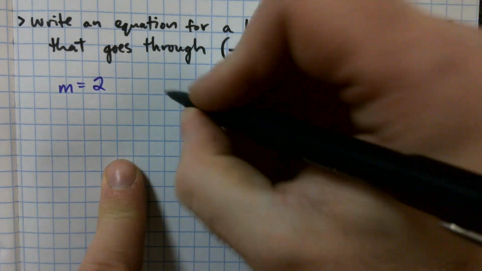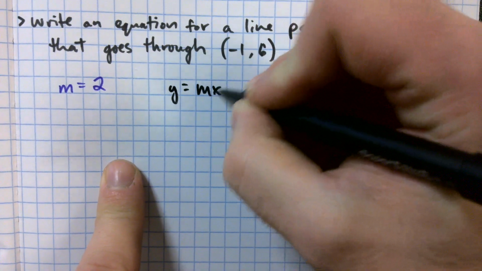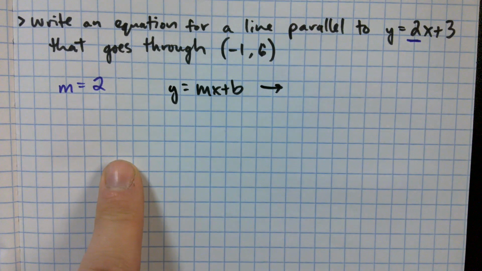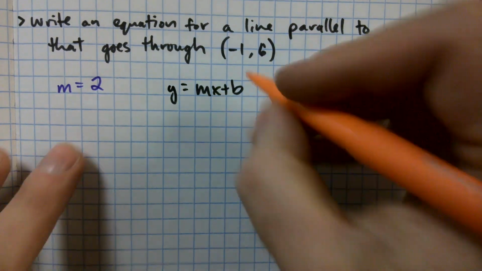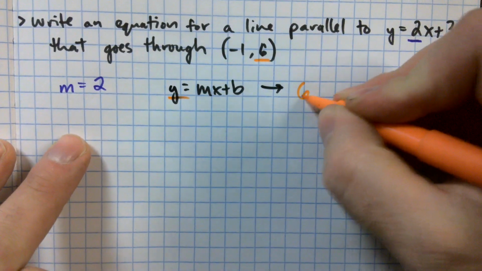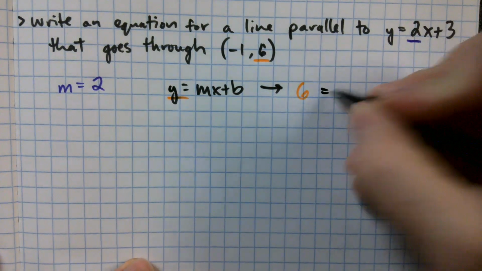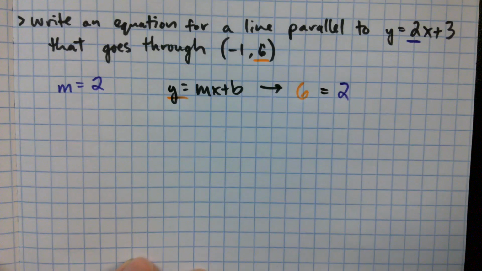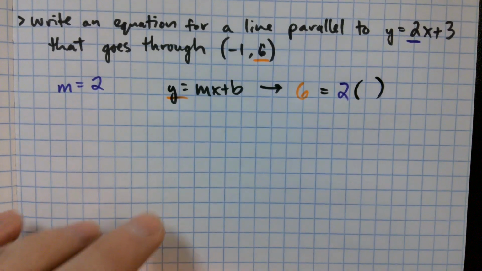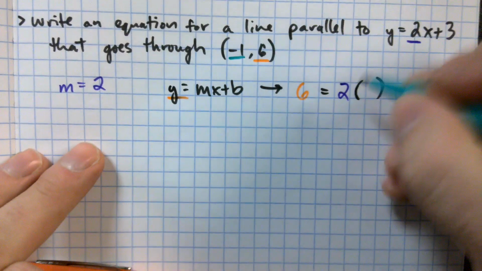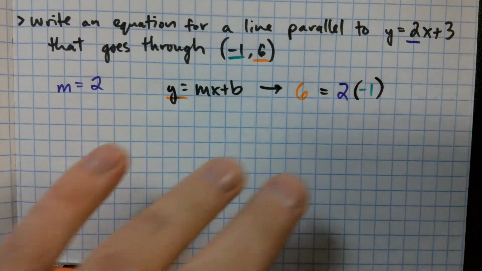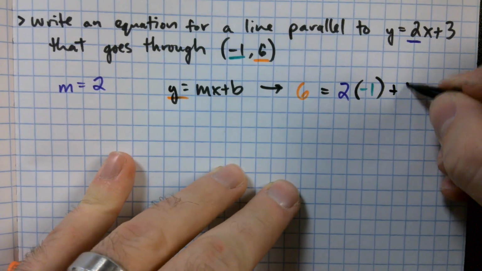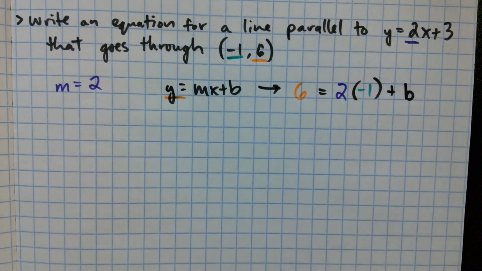We plug it in. So y is equal to mx plus b turns into 6 equals 2 times -1 plus b.